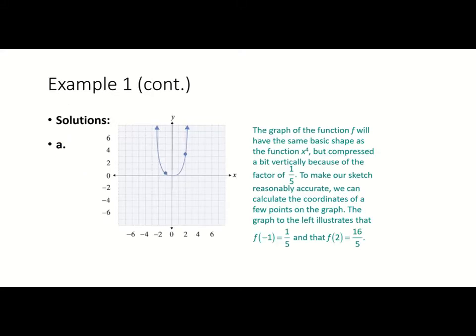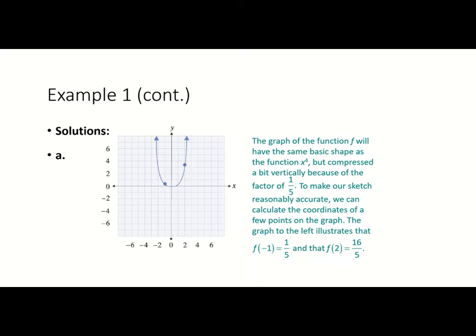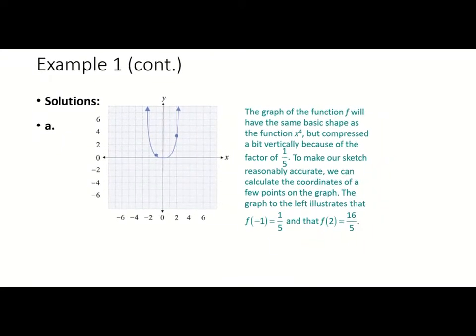All right, and here is our graph for f of x. And again, I changed it to 1/5 x to the 4th. It's easier to look at, I think. But here's the graph.